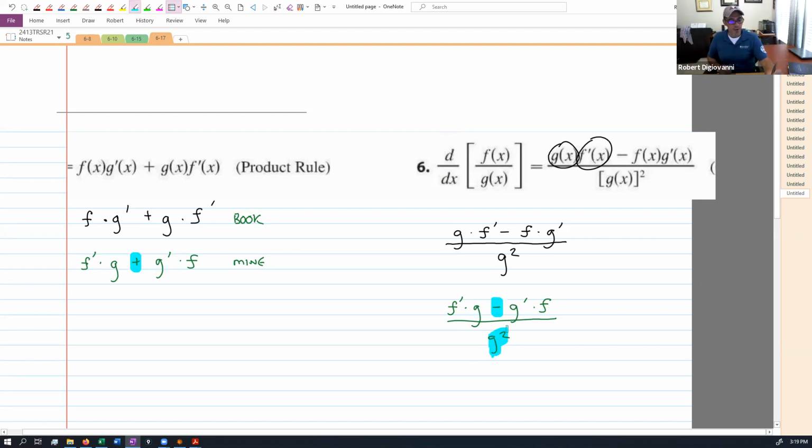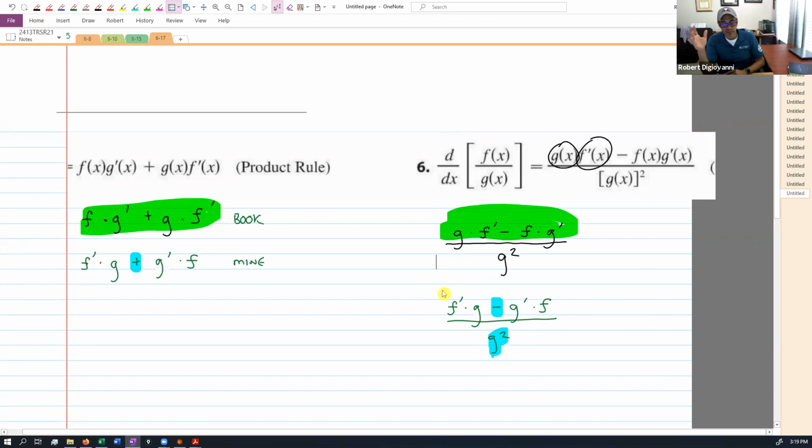But if you look at the book, this right here is not the same as this, right? You would have to remember to do this one first, then subtract that one. So it's almost like you're changing everything. You see how it doesn't match up very well?